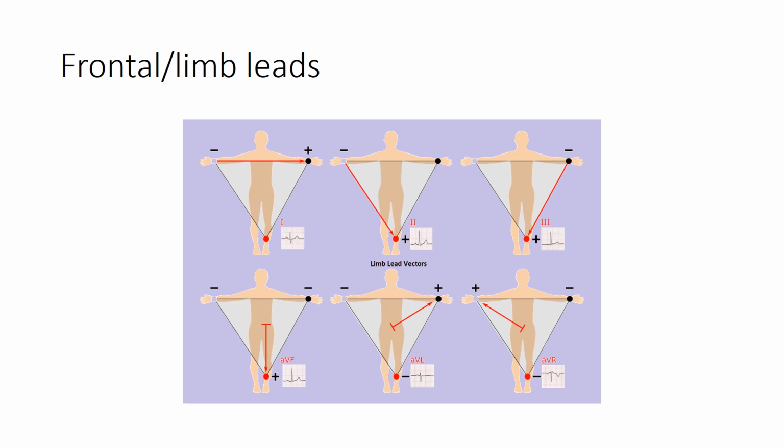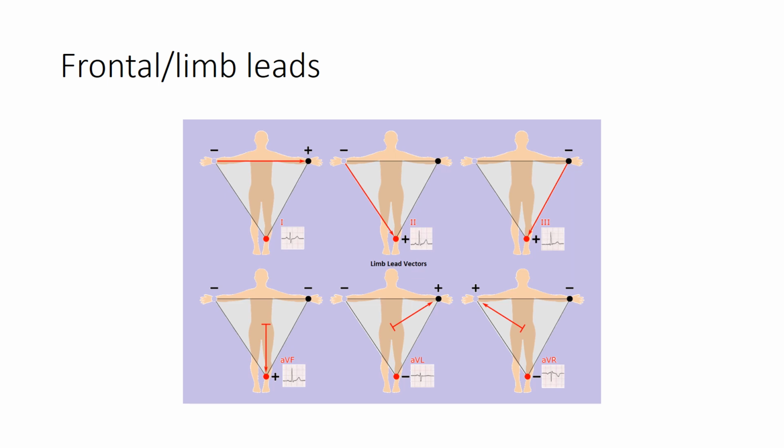Its positive pole is at left arm. Lead 2 is directed from right arm to left foot and its positive pole is at left foot. Lead 3 is directed from left arm to left foot and its positive pole is also located on left foot.